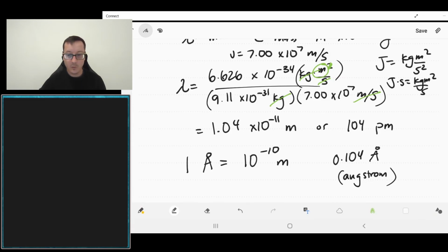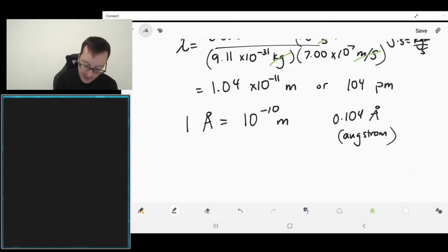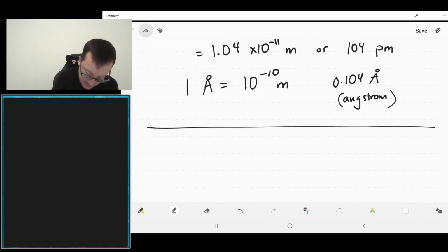Alrighty, one more bit before we do this, and this is the Heisenberg uncertainty principle.